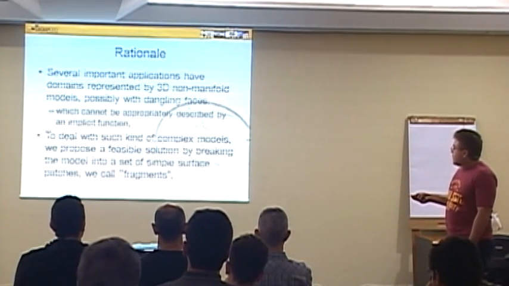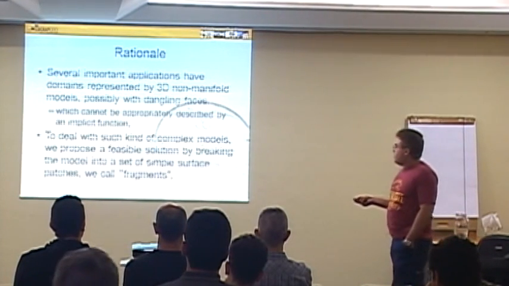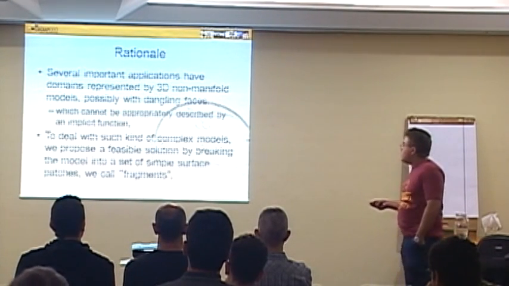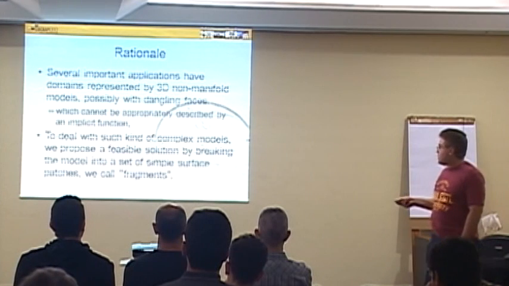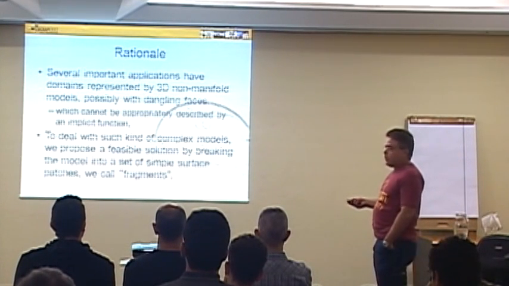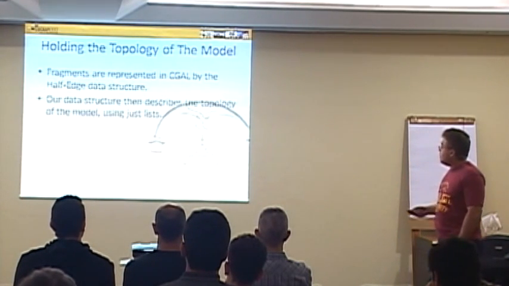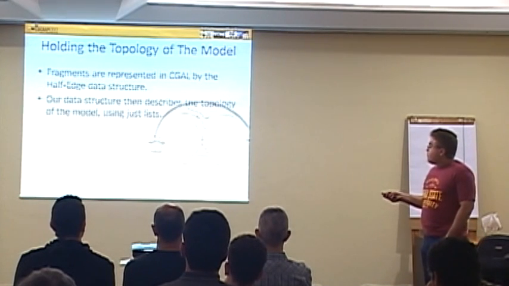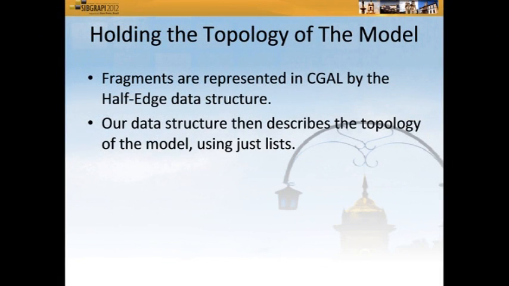To deal with such kind of complex models, we proposed a solution by breaking the model into a set of simple surface patches we call fragments. These fragments can be represented in CGAL using the half-edge data structure.